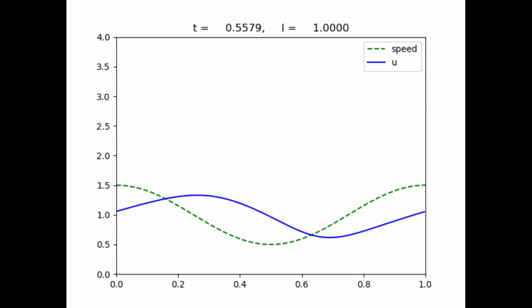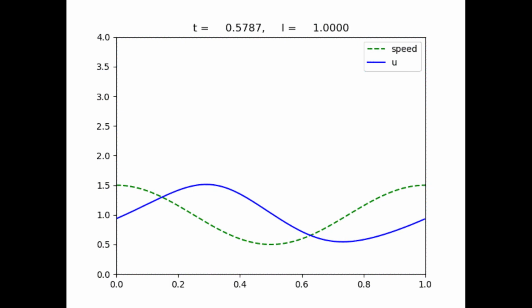As the content quickly rushes over this speed segment, it enters the low speed zone once more, and another bulge evolves.